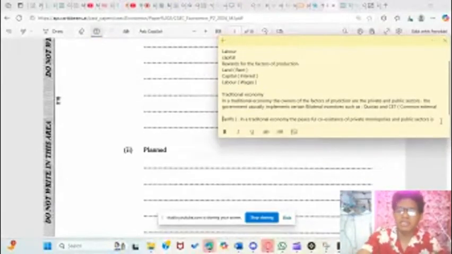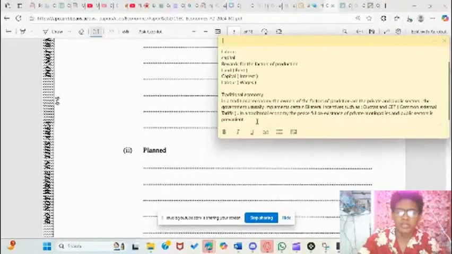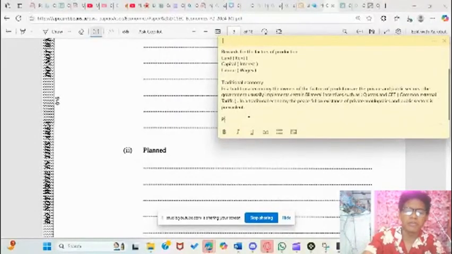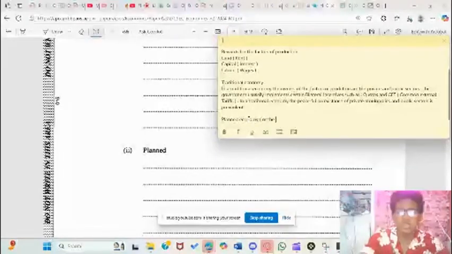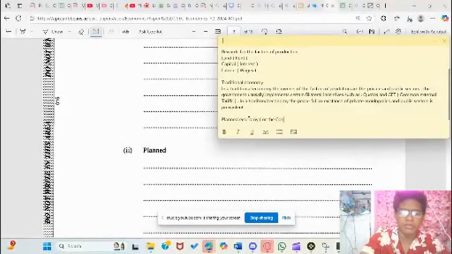The planned economy is also referred to as the authoritarian economy, or the control economy. There's use of the term control economy in a lot of cases.